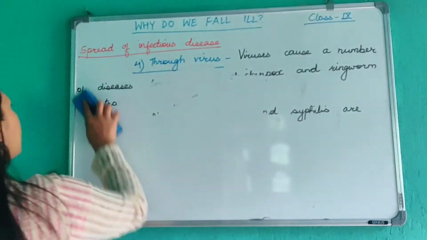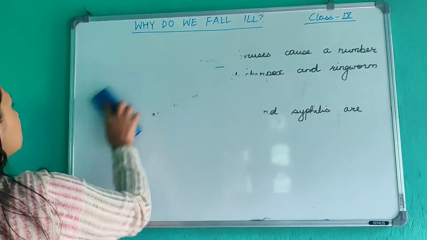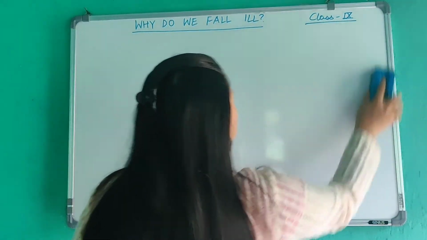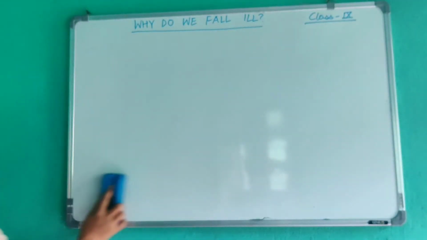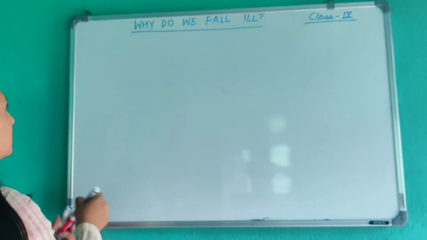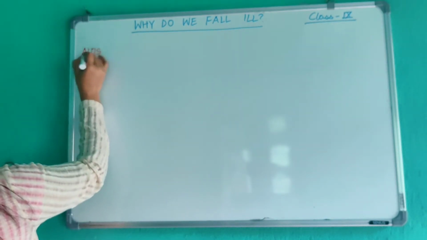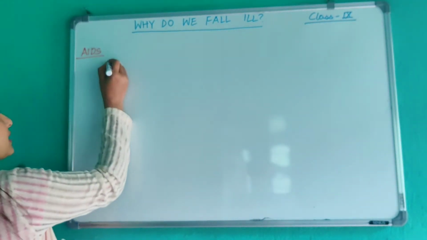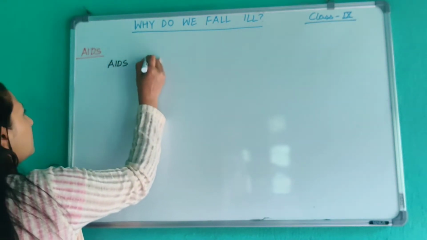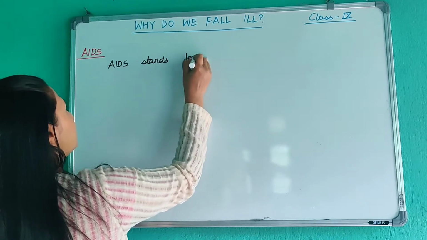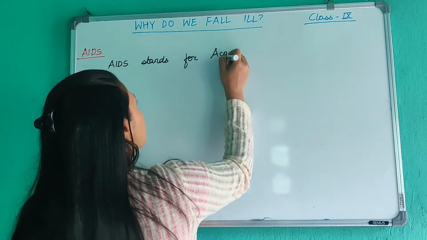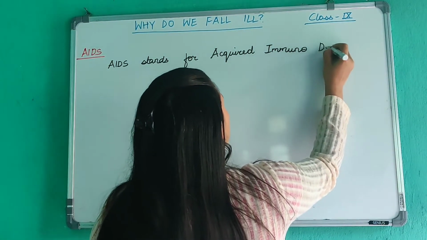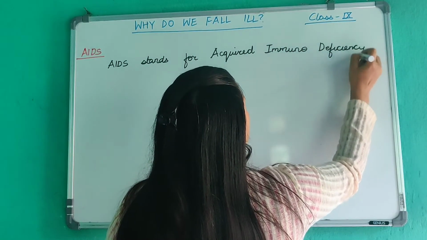Let us talk about AIDS. Now, AIDS is a serious human disease throughout the world, and the full form of AIDS is acquired immunodeficiency syndrome.